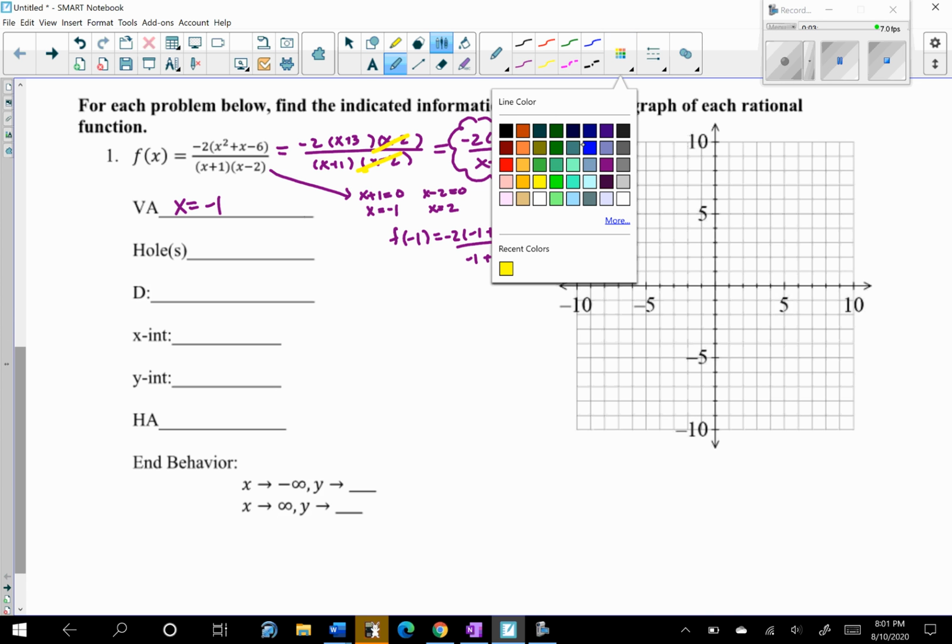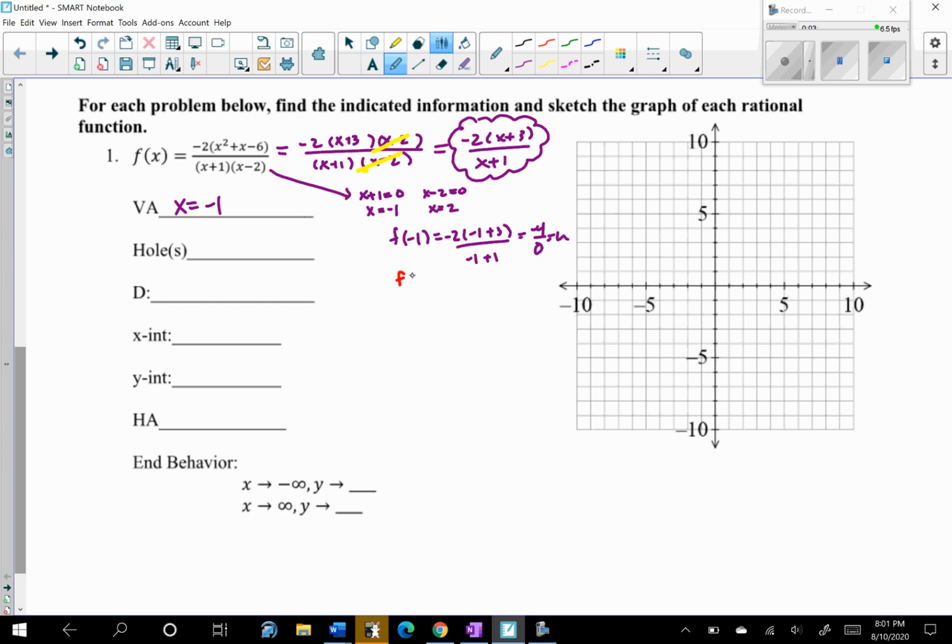Then the next thing I want to do is try the next value. So I have f of 2. If I plug in 2 into the equation, 2 plus 3 is 5 times -2 is -10, over 2 plus 1, which is 3, so -10/3.